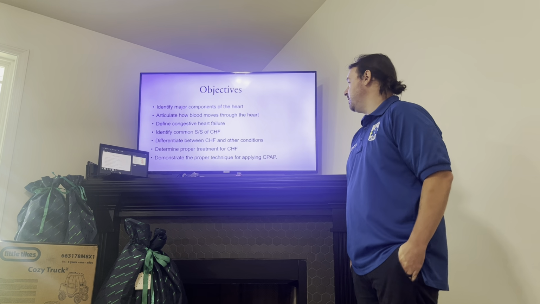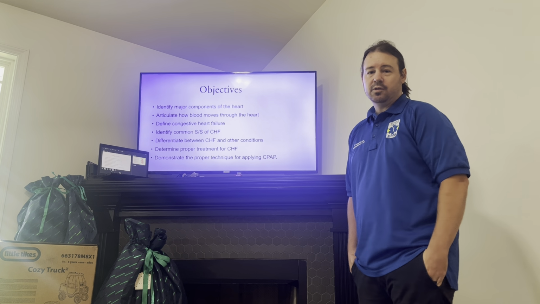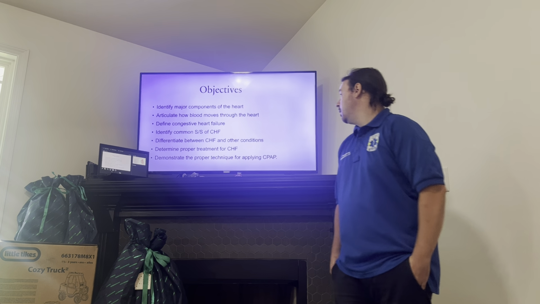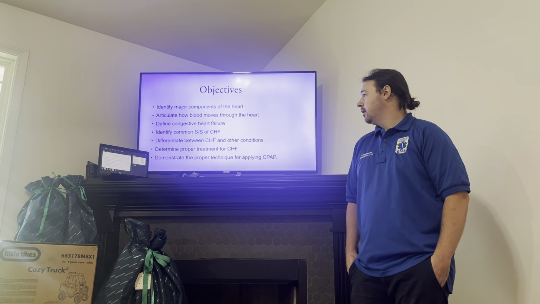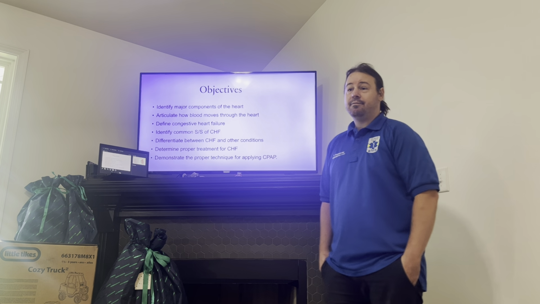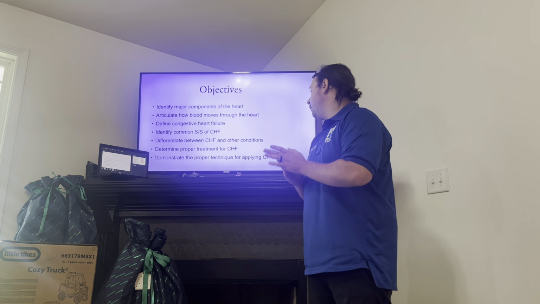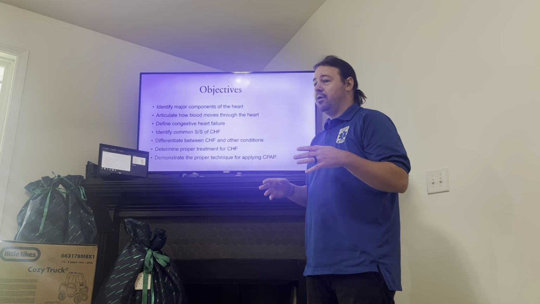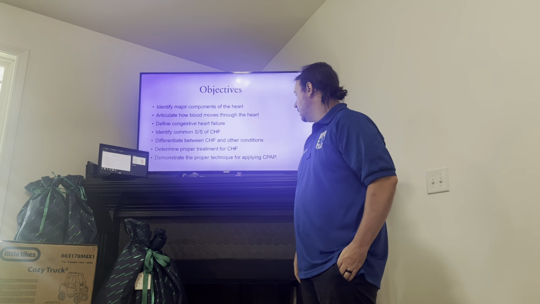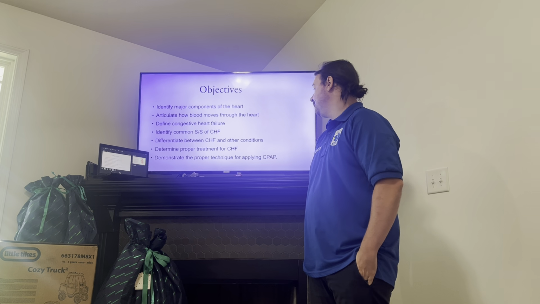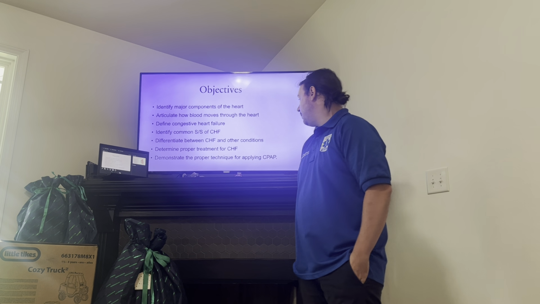The objectives for today's lesson are to identify major components of the heart, to articulate how blood moves through the heart, how to define congestive heart failure, how to identify signs and symptoms of heart failure, differentiate between congestive heart failure and other conditions, determine the proper treatment for congestive heart failure, and to demonstrate the proper technique for applying CPAP. Okay?